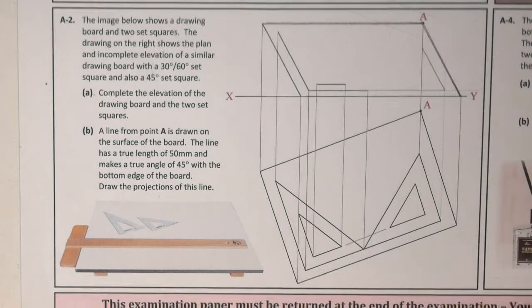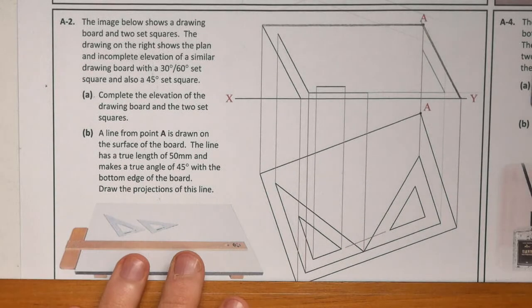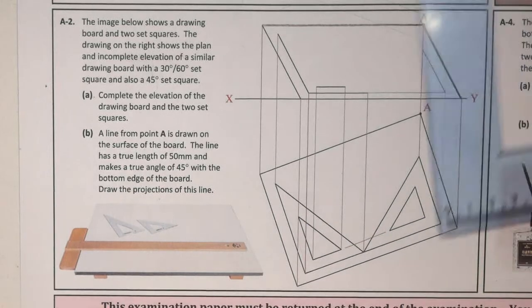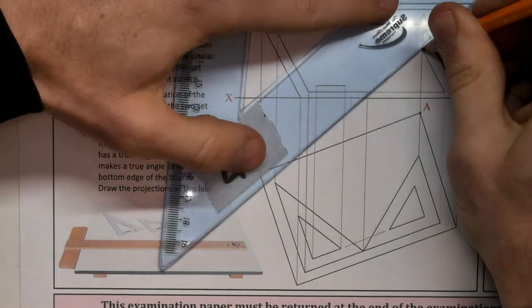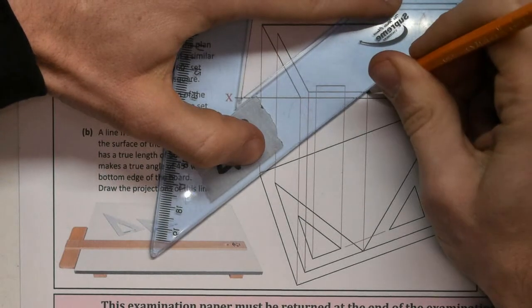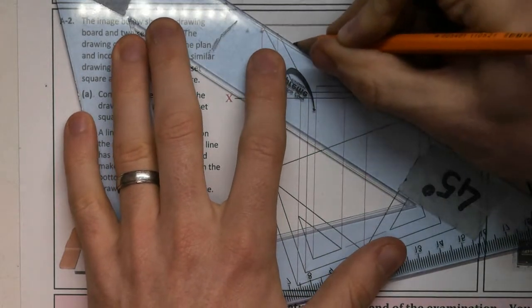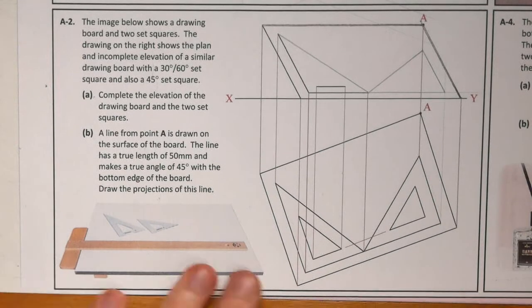So that's going to be the angle there at the back, and then that will allow me to join up this 45-degree set square, and I'll actually also join up this part. So the outline of our set squares are done.